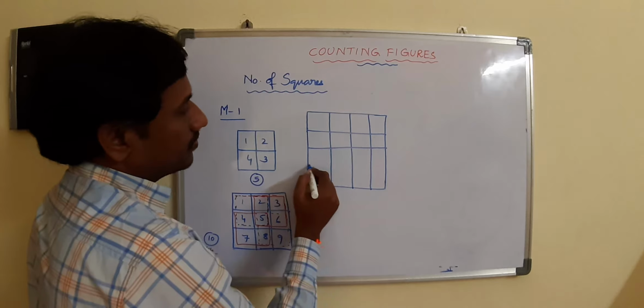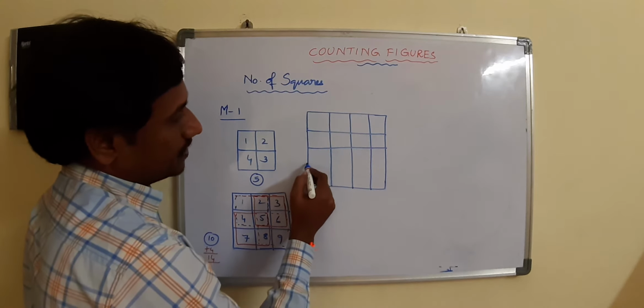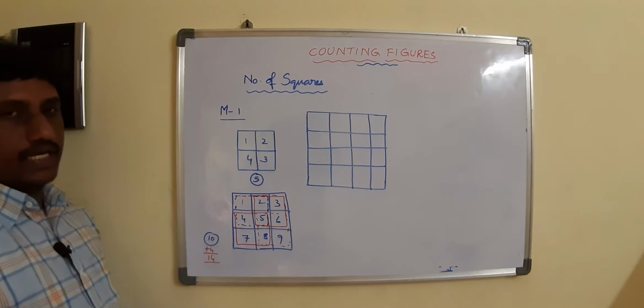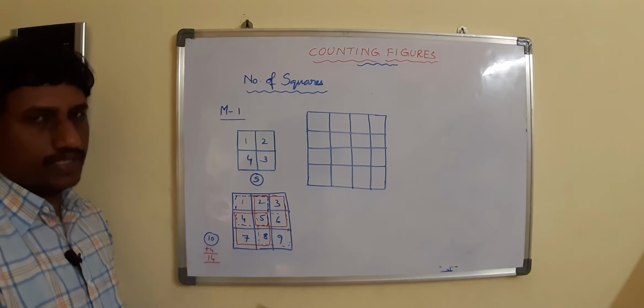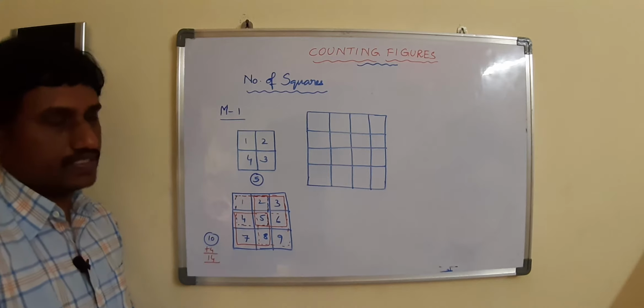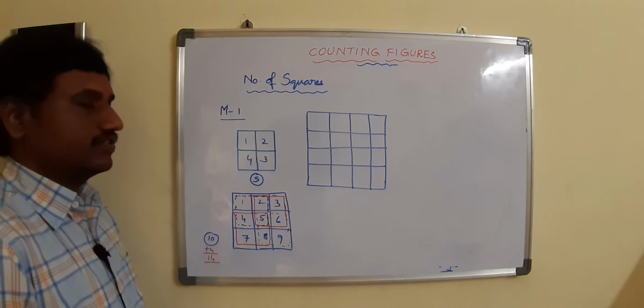Just imagine all the boxes as squares, even though it is not in the shape of a square. Okay, please adjust. Now can you count manually? Yes, we can count, but it may take time, and there is a chance of missing 1 or 2 squares also. For that purpose, here we will try to understand what may be the logic here.